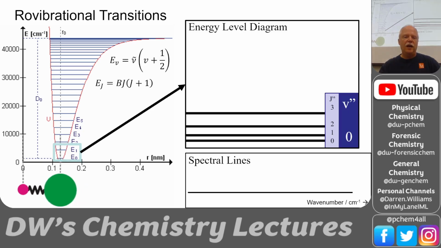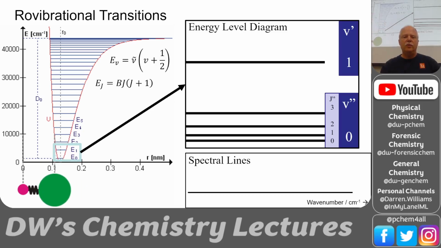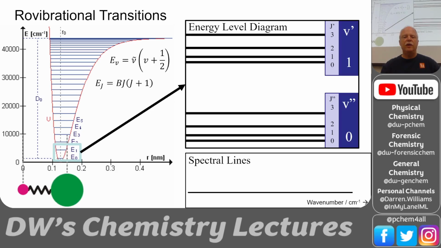Then we go up to the upper vibrational state. So the vibrational quantum number, V plus a half, times the vibrational frequency. That's where we would plot V prime equals 1. So this is the upper state, V prime equals 1. And then there's the J prime, so 0, 1, 2, and 3. So we have 4 rotational lines shown on the first excited vibrational state.